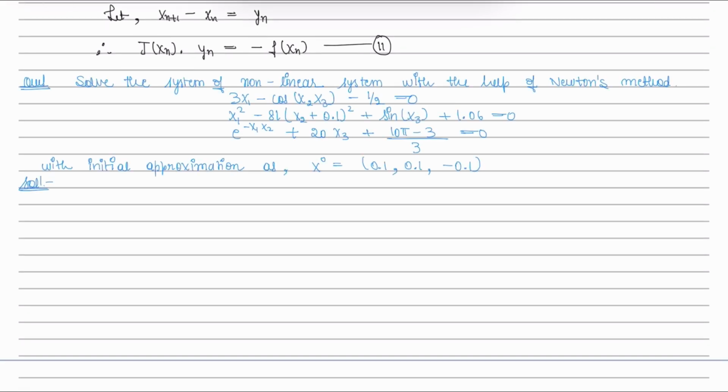The question says to solve the system of non-linear equations with the help of Newton's method, where the initial approximation to this problem is already given.